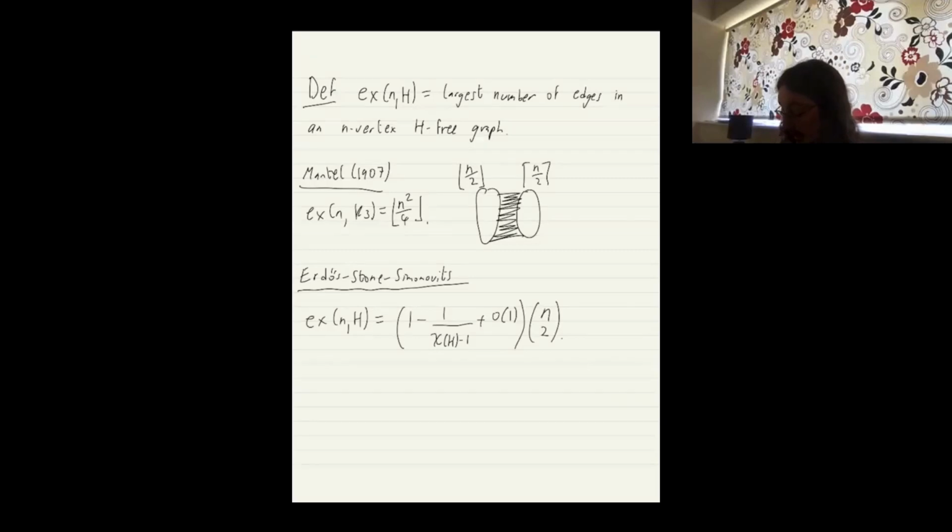Here chi of H is just the chromatic number, and the way to think about this is that you can avoid a copy of H by just taking chi of H minus 1 sets, and putting all possible edges between the different sets.